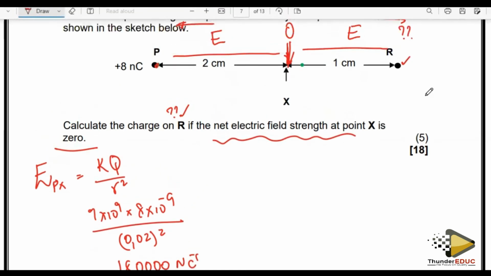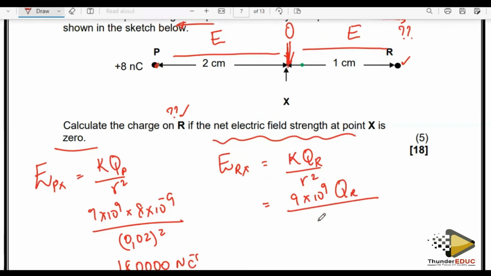Then when I look at this side, the electric field at X due to R is kR over R squared: 9 times 10 to the 9 times 2R divided by 0.01.